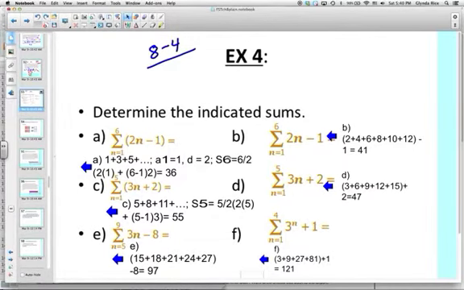I think you did these in class, so I'm not sure what you did, but I at least put the solutions here. If you need to, freeze this page and look at what I did: go through the sigma, get the first several terms, and then either add them up, and you can see some of them went to a second line, or get the first few terms, get a pattern, identify that it's arithmetic, get your first term, get your d. Some of these subscripts are messed up. Then plug them into your formula to get your answer.